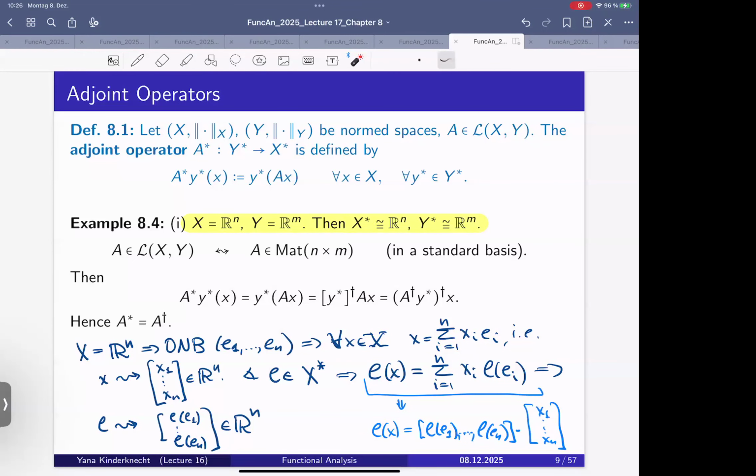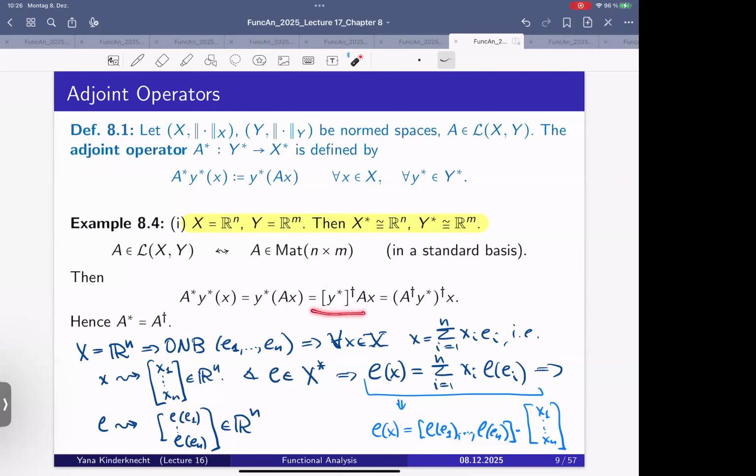So again, here we have a vector in y, and we evaluate a continuous linear function on this vector. We can rewrite it again as a matrix product. This is a column vector, and this is a row vector. That's why I use this notation. This is for transposed. To make a row vector from a column vector, you need to transpose it.